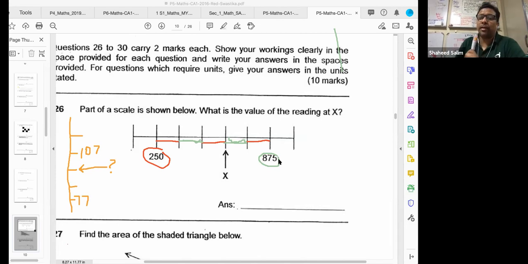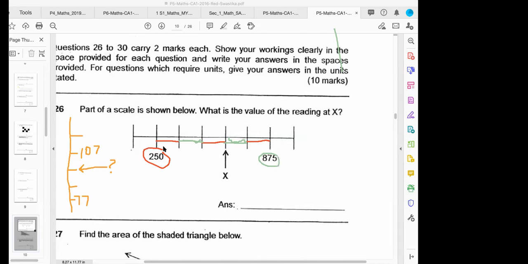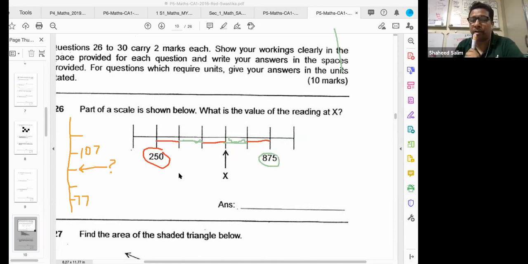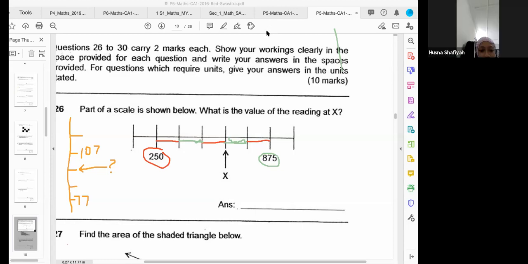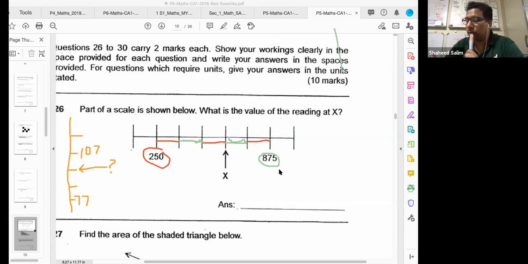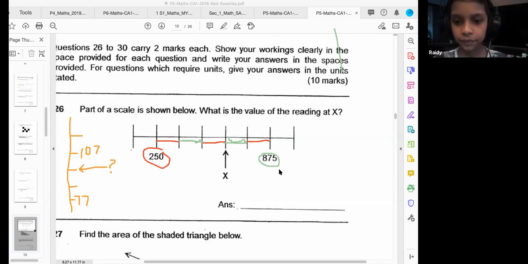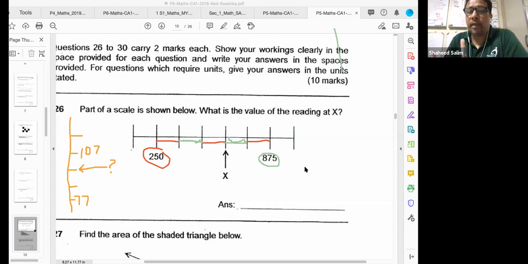Shafia, step number 1: take 875 minus 250. What's your answer, Shafia? 625. Okay, 625. Yes, you found the answer.